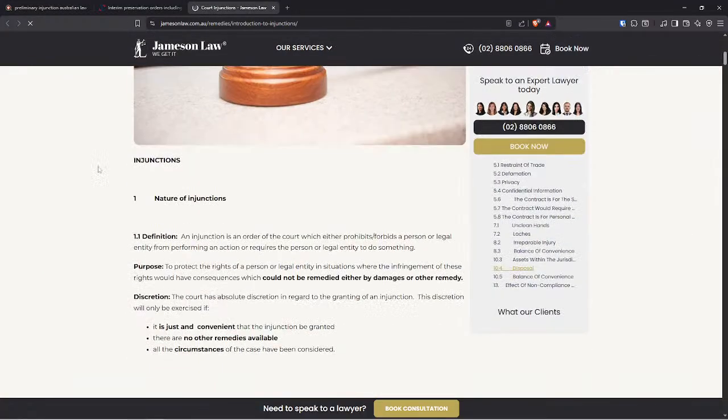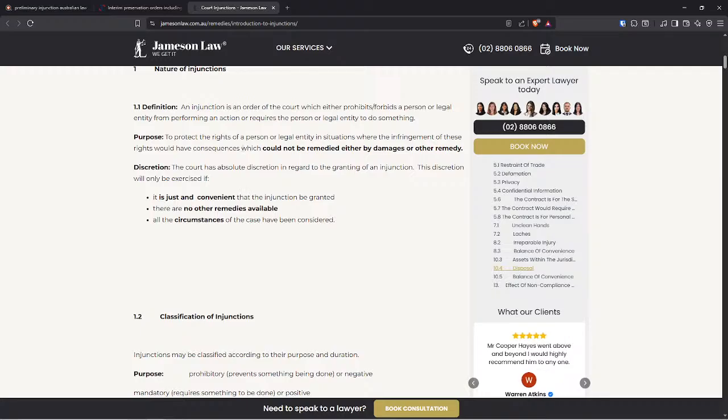Give me some future injunctions. Prohibits, forbids a person or legal entity from performing an action or requires the person or legal entity to do something. Purpose, to protect the rights of a person or legal entity in situations where the infringement of these rights would have consequences which could not be remedied either by damages or other remedy.